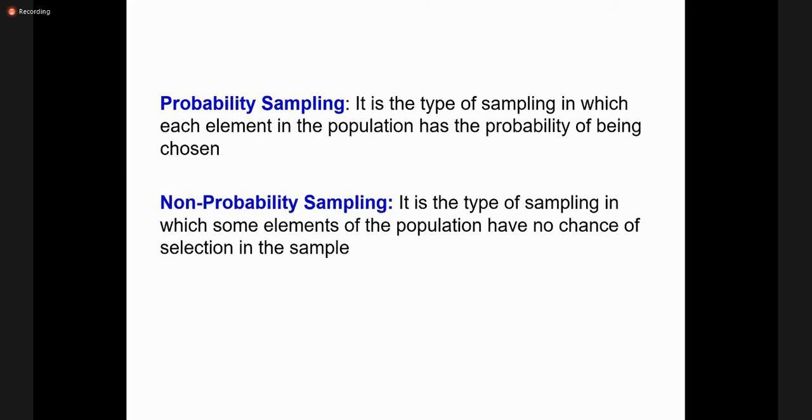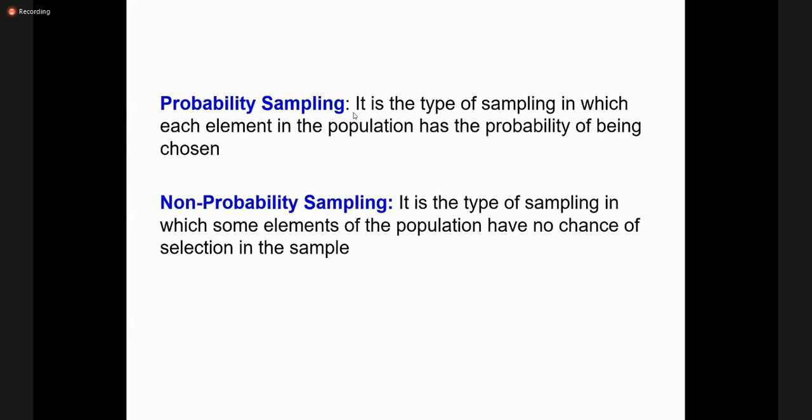Probability sampling is a type of sampling in which each element in the population has the probability of being chosen. So what is probability sampling? In simple words, in probability sampling, every person or every individual which is part of your sampling frame has a chance that they become part of your sample, or they can be selected in the subset.